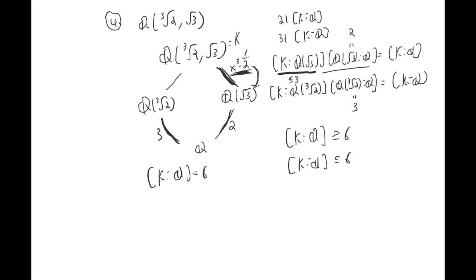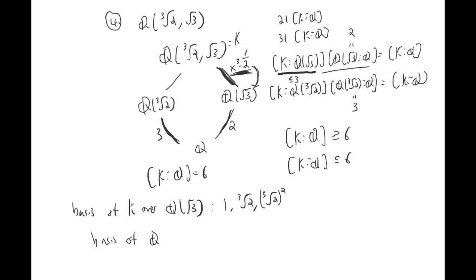So again, we use the theorem. The basis of K over Q adjoin root 3 is given by 1, cube root of 2, cube root of 2 squared. And then the basis of Q adjoin root 3 over Q is 1 and root 3.